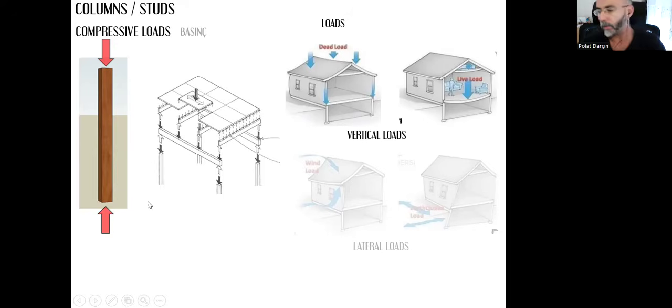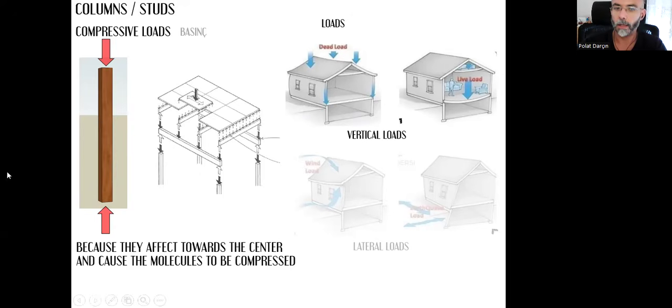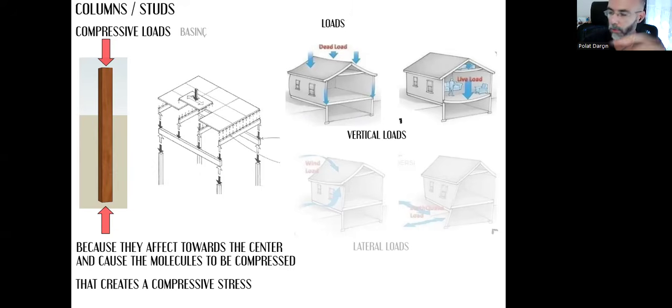And underneath there is this ground surface, and we end up in a load or stress which will affect towards the center and cause the molecules of the column to be compressed. Sıkışmak, basınç. That creates a compressive stress. Since it's applied towards the center of the column, since it causes the molecules to be compressed, it causes a stress. That's gerilim.